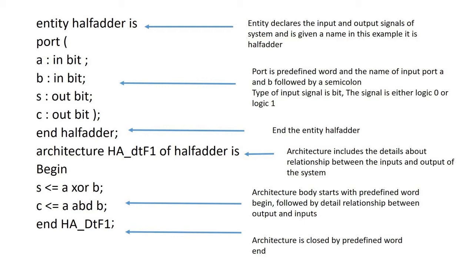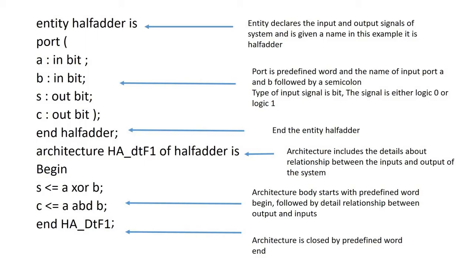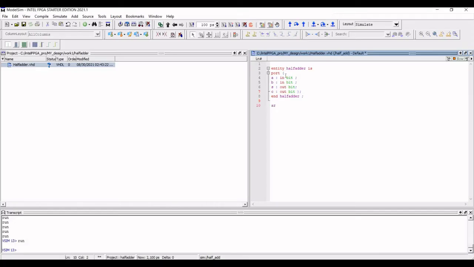In the end, we have to type end and the entity half adder in order to end this entity. Next, we have to define the architecture that includes the details about the relationship between the input and output of the system and must be bound to an entity. The architecture is declared by a predefined word called architecture followed by the user selected name.